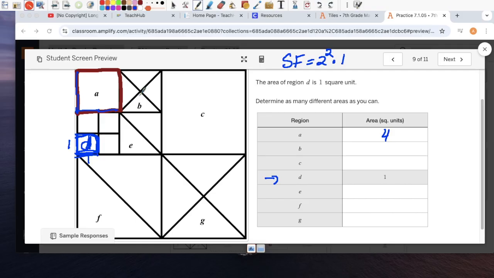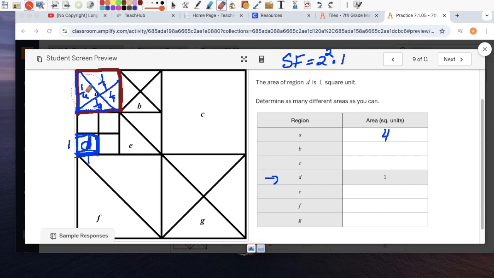B. If you think about A and you cut it in 4 parts, this is 1/4, this is 1/4, this is 1/4, and this is 1/4.